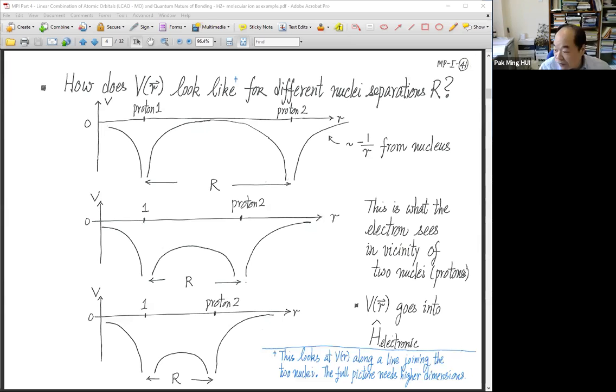So this is the figure. I hope that you get the point now. I draw it for different separations. When the separation is very big, that is to say, the two hydrogens are far apart, then the -1/r here already becomes -1/r behavior, Coulombic, okay?